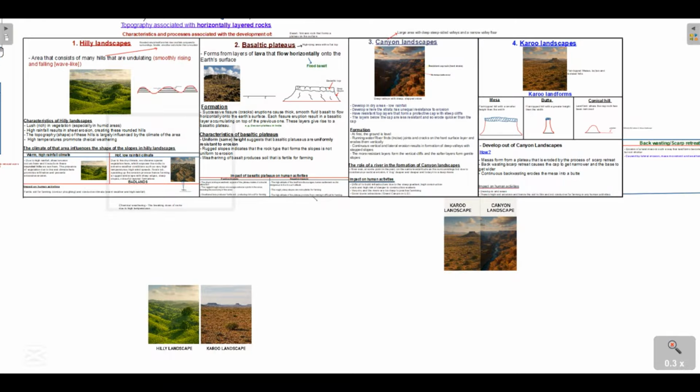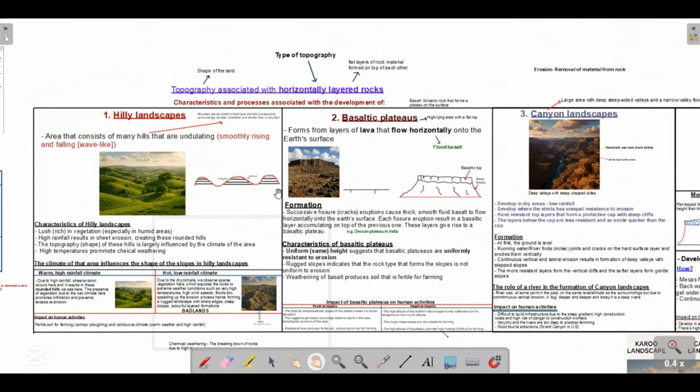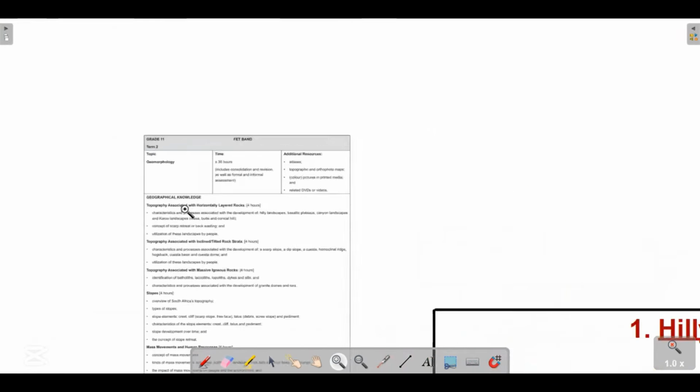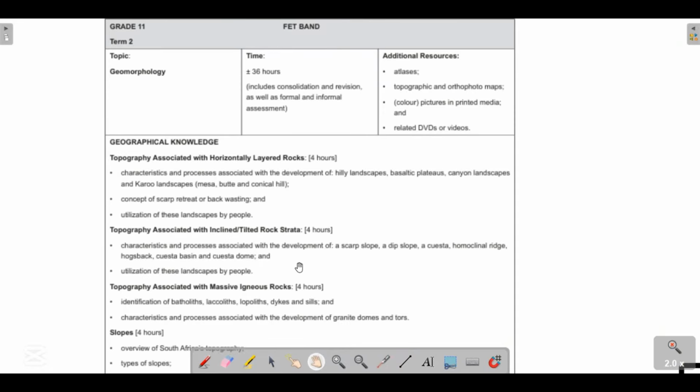As you can see from the presentation in today's video, we will be covering the topography associated with horizontally layered rocks. So we will break down every single landscape that you have to understand and fully know about, all the characteristics and all the processes that are associated with each and every one of them.